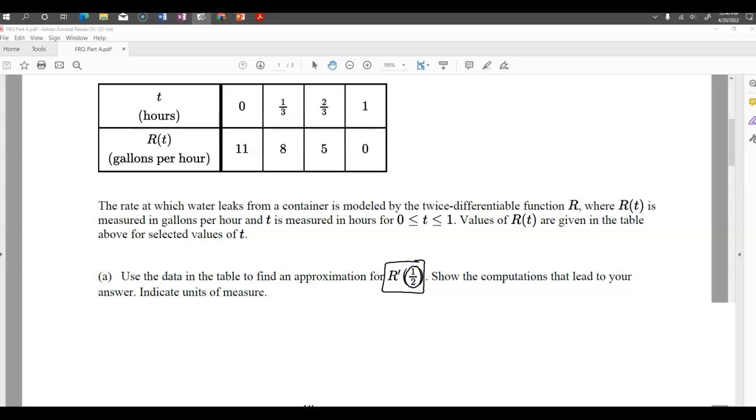So what two numbers are closest to 1/2 up here? That would be 1/3 and 2/3. So we're going to use these numbers. So R prime of 1/2 is approximately equal to the average rate of change of R from 2/3 to 1/3.